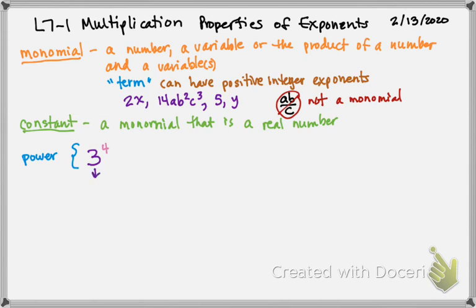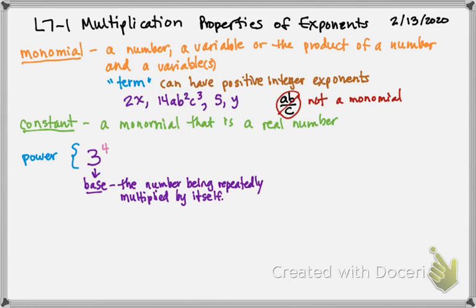The 3 is called the base. And that's the number being repeatedly multiplied by itself. Okay? And then the 4 is called an exponent.